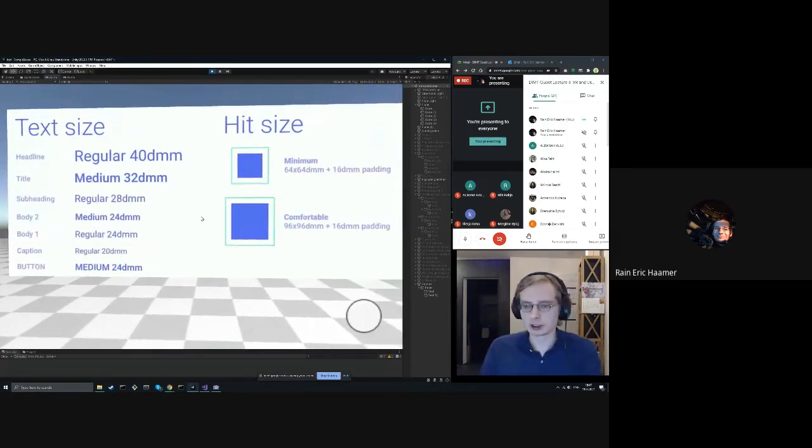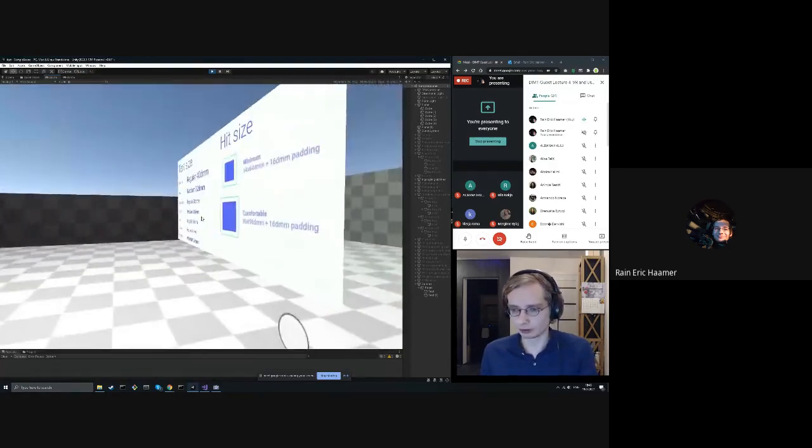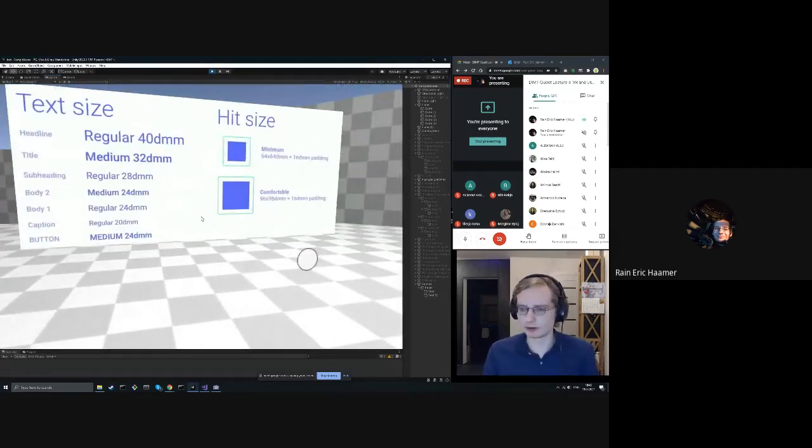Now, thus far, I've been only talking about flat, linear user interfaces. But in virtual reality and augmented reality, you don't have to have flat user interfaces.